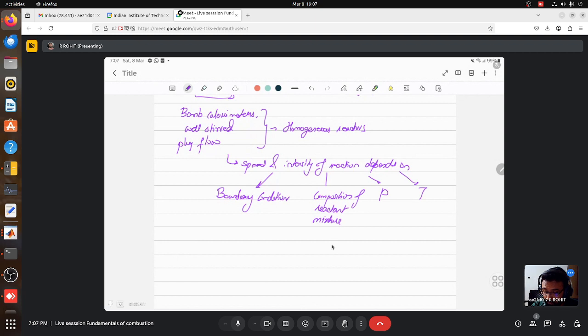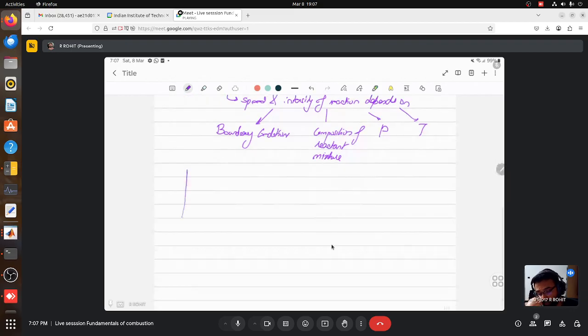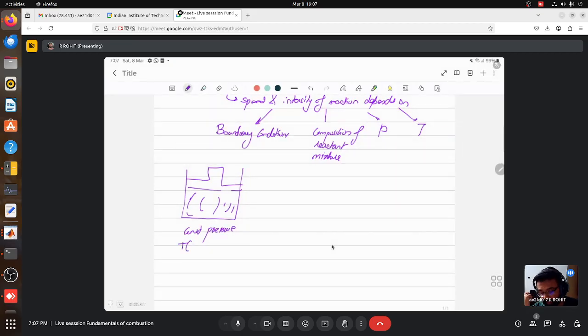A common, simple example that was shown to you was a piston with a volume present. This is a constant pressure system, where the temperature, the mass fraction and the volume change as functions of time.